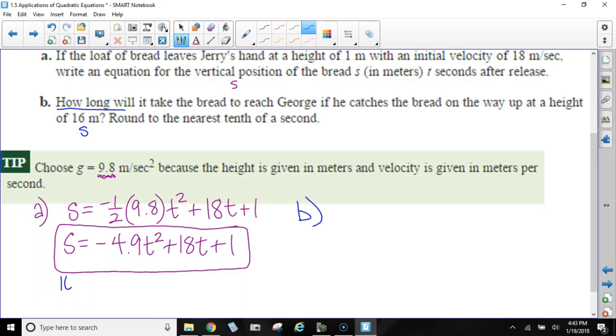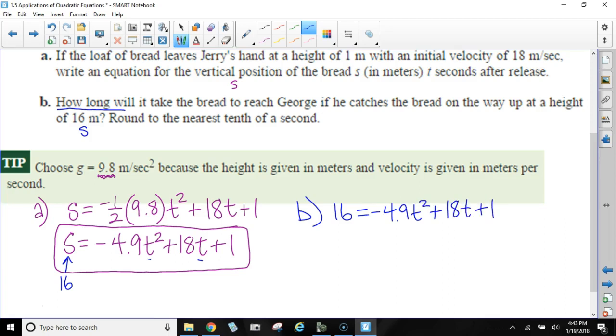So we're going to put 16 into our model and solve for the unknown time. Now the equation looks like 16 equals negative 4.9 t squared plus 18t plus 1.